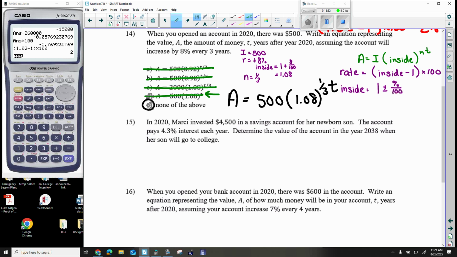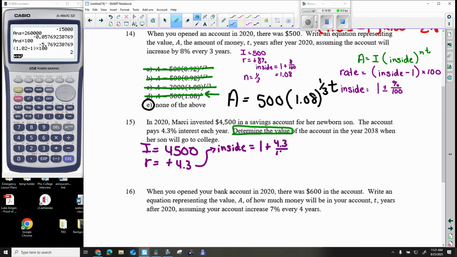Okay, this next question is determine the value. So we need to actually do an equation, but we begin it pretty much the same way as writing. We find the initial amount. They give us a rate that is 4.3%, which means that the inside is going to be 1 plus 4.3%.